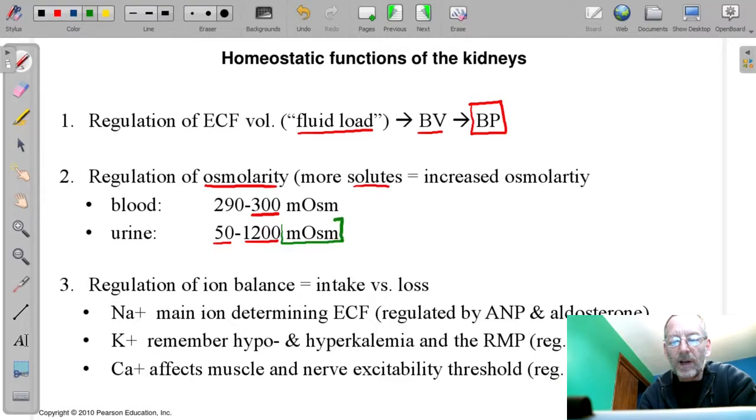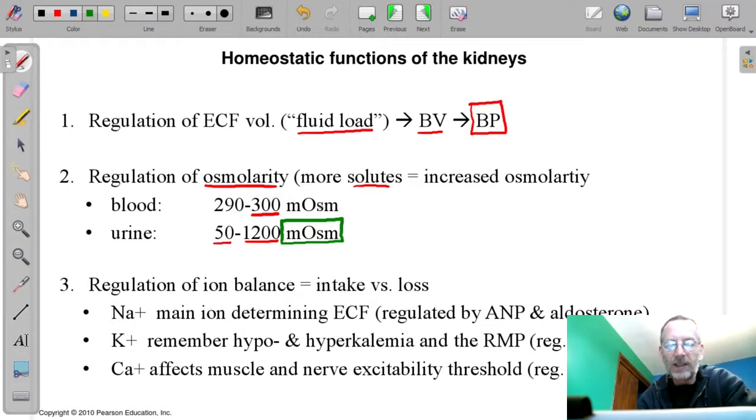We're not going to worry about defining milliosmoles as a unit, but you can in chemistry. For this class, it's a measure of concentration. That's good enough. The higher the osmolarity in milliosmoles, the more solutes in a given volume. So blood is about 300 milliosmoles.